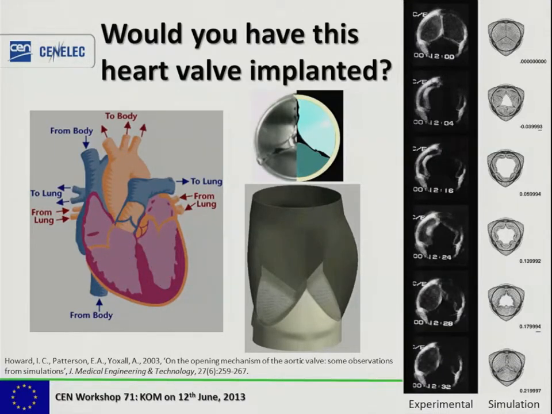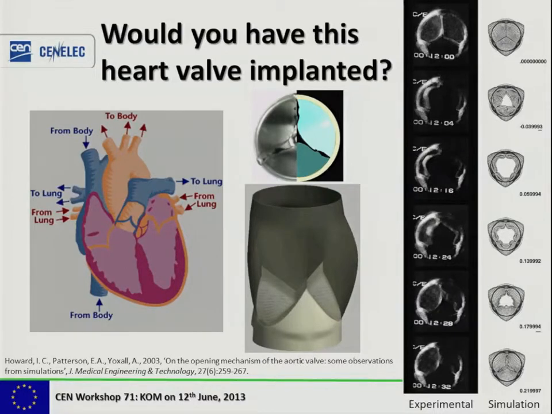And in the top, I'm showing you the way in which it was validated by combining a video picture of the valve in a pulse duplicator in the left-hand half of the picture, and in the right-hand half, look at the equivalent finite element result. And then I've got a series of images from that video on the right-hand side, showing that the simulation roughly follows the video captured in the pulse duplicator, the benchtop experiment, if you like.